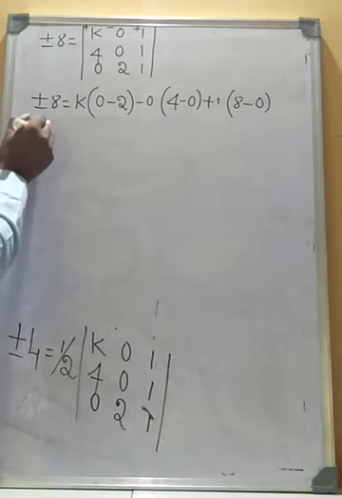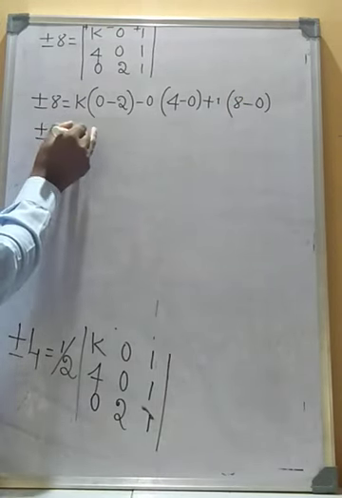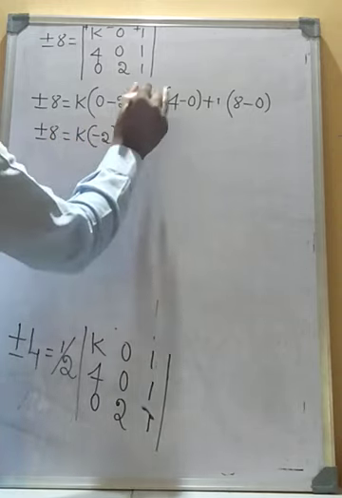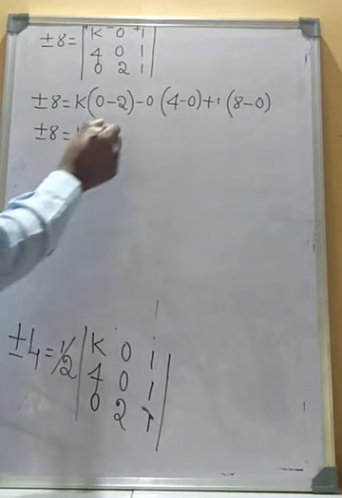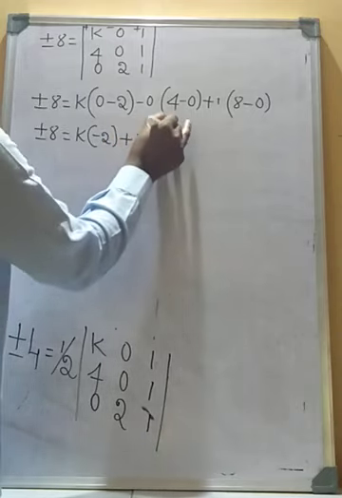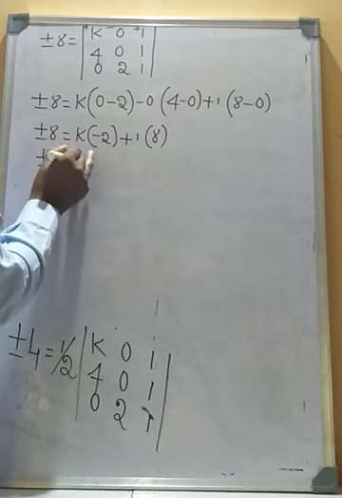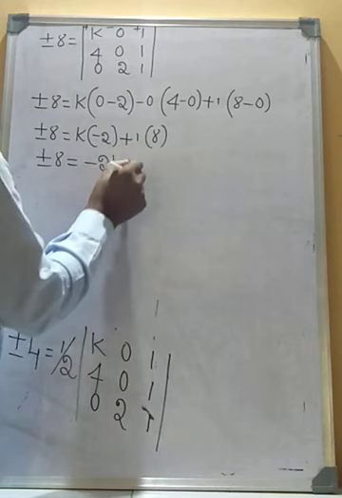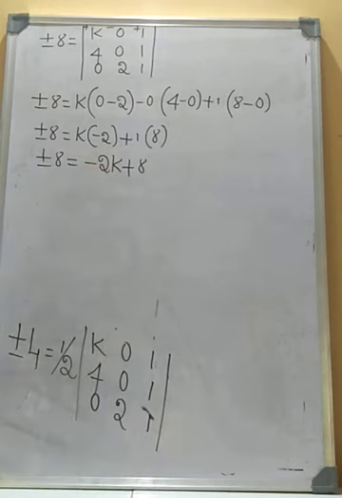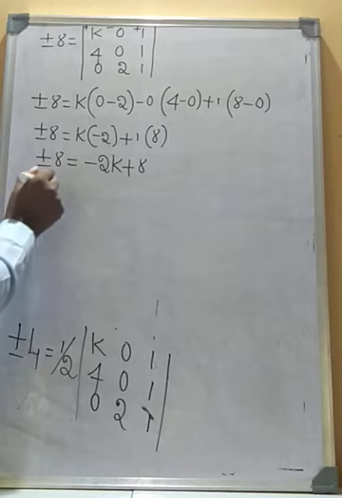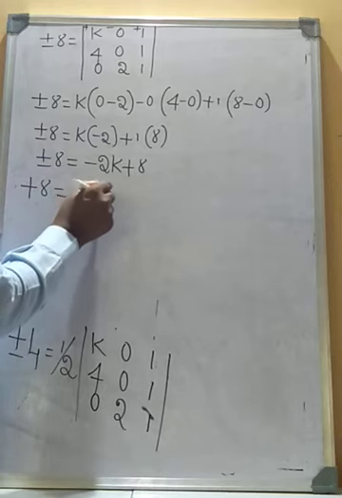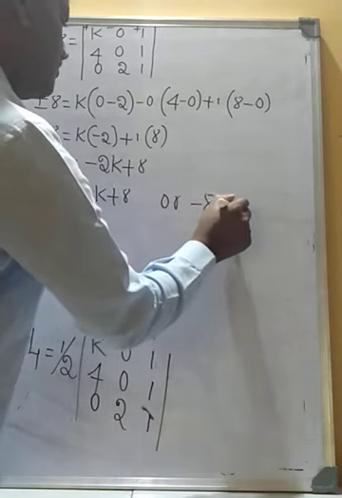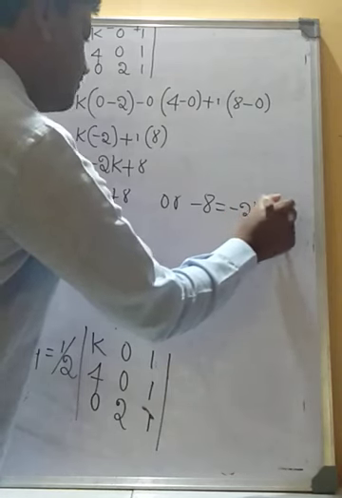Therefore plus or minus 8 equals k into minus 2, minus 0 into anything, plus 1 into 8. Therefore plus or minus 8 is equal to minus 2k plus 8. So plus 8 is equal to minus 2k plus 8, or minus 8 is equal to minus 2k plus 8.